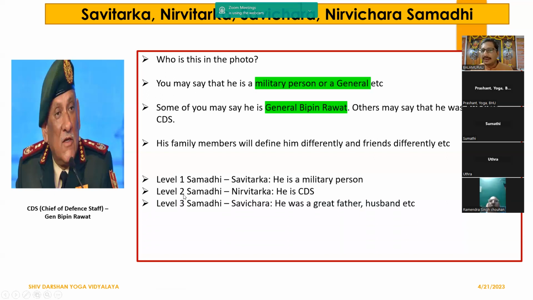Level 3 means you go personally further inside. He is a great father, husband, whatever it is. And in level 4, you will explain him completely in detail, both physically and mentally, you get full understanding. This happens in Nirvichara Samadhi. This is just an analogy. First you see physically, then go deeper. Complete understanding will happen in the 4th level of Samadhi called Nirvichara Samadhi.